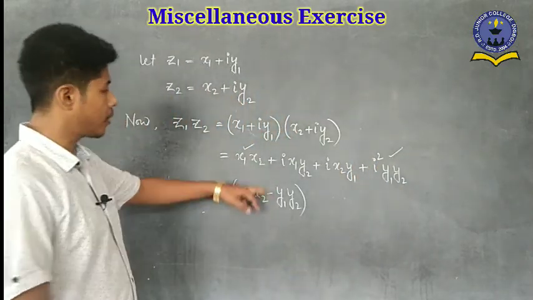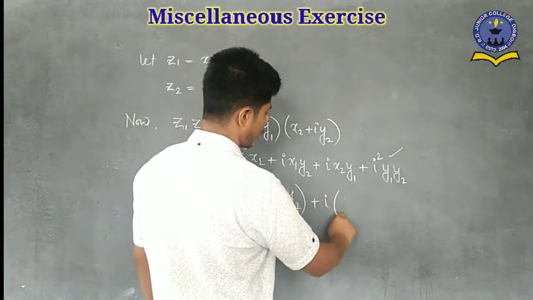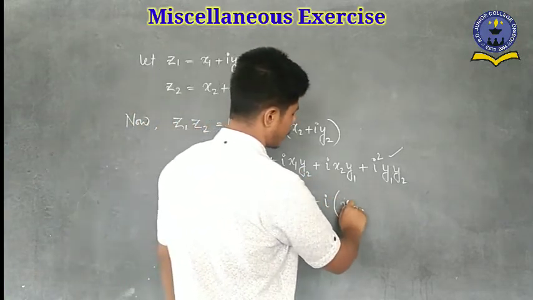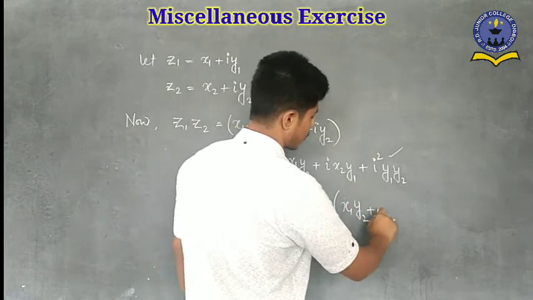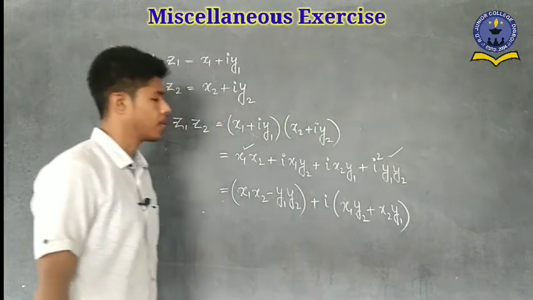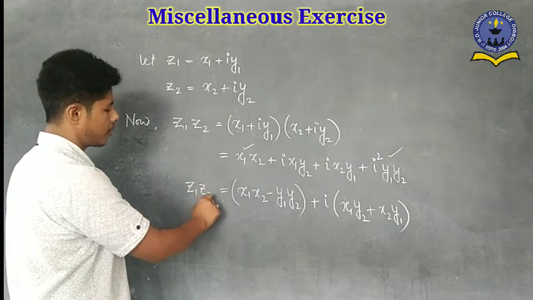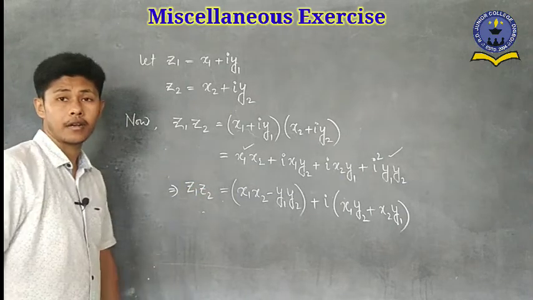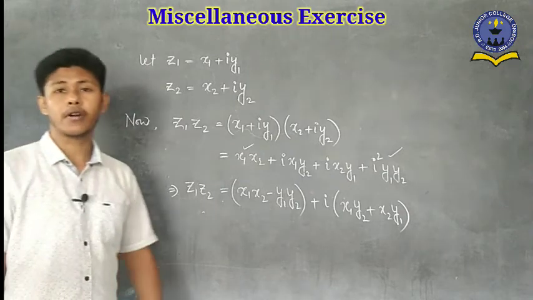Next is plus i, and if you take i common, we write x1 y2 plus x2 y1. Is it clear? The left hand side is z1 z2.